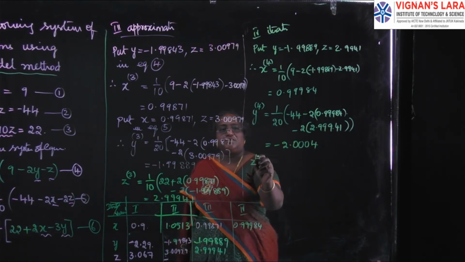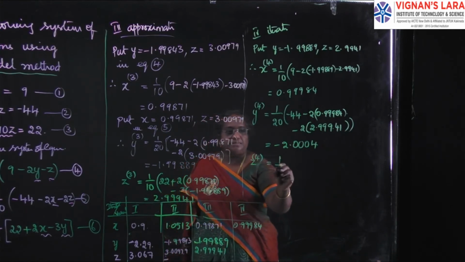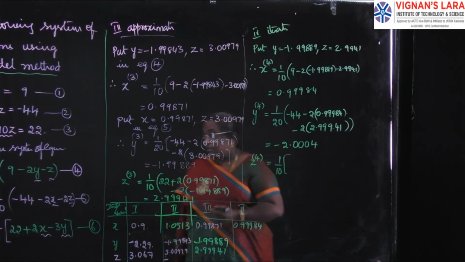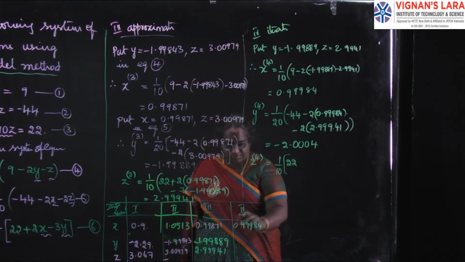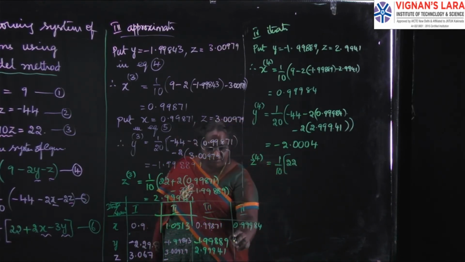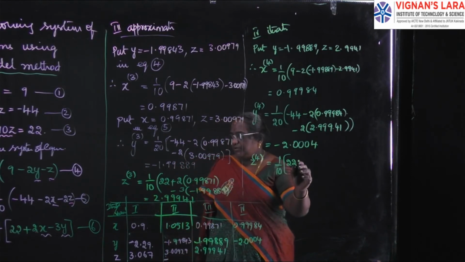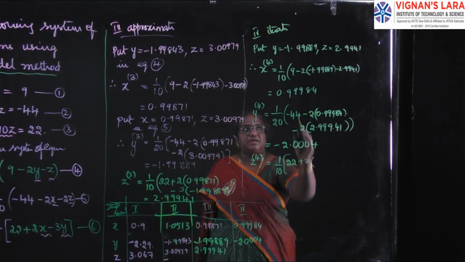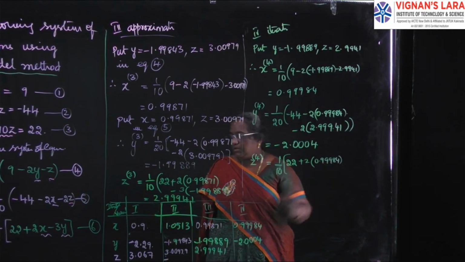Similarly, fourth approximation of z is equal to 1 by 10. So the new value of x is this one. The y value we got is minus 2.0004. 22 plus 2 into x value. X value is 0.99984 minus 3y.